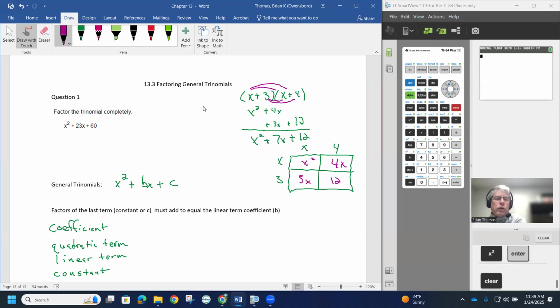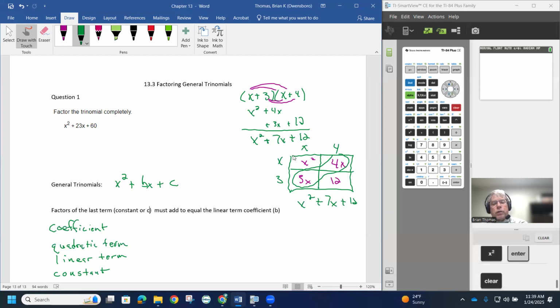So notice that if you do the box, the like terms, the middle terms, are actually diagonal of each other. So what we have then is x squared is the first term, and then the 3x and the 4x gives me the 7x, and then there's this 12. So there's two ways of doing it. We have what's called the FOIL, and we have what's called the box.